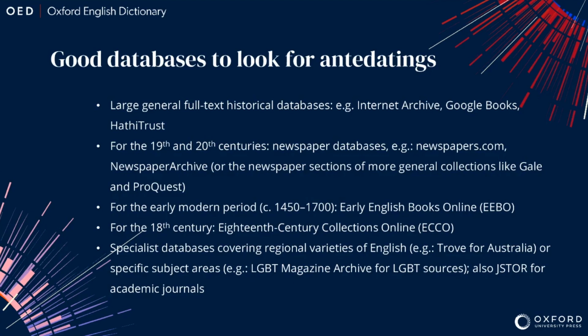None of them were available in the early noughties, so many entries that were edited at that time can be antedated from these databases. For earlier periods of English, there are Early English Books Online, EEBO as we call it, and ECCO, Eighteenth Century Collections Online. And there are many databases relating to particular regional varieties of English or specialist subject areas.